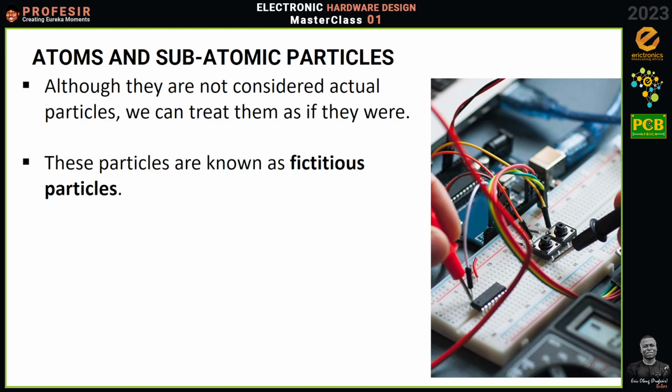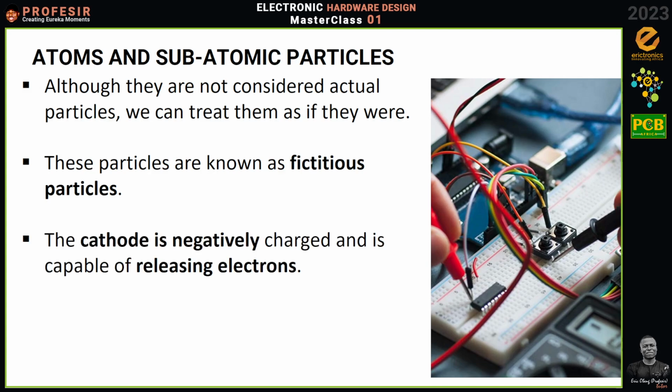We all know science fiction, things that are created out of the imagination of people. So they are not necessarily particles like electrons. They are just a notion: the fact that an electron was supposed to be somewhere and it is not there. But we are still able to think of it as a particle, and it makes our models work appropriately.